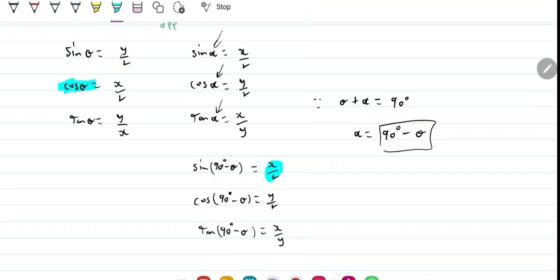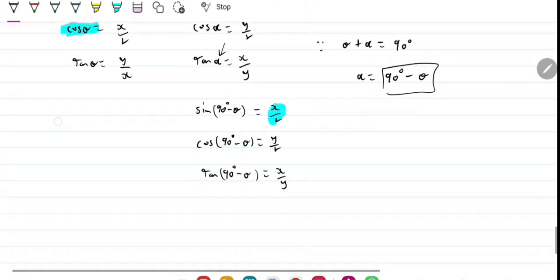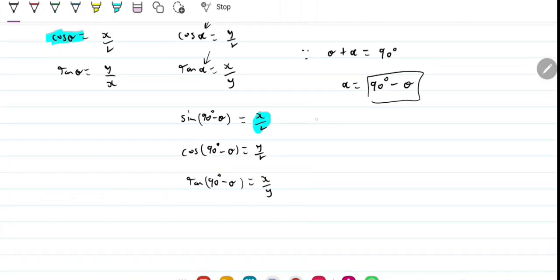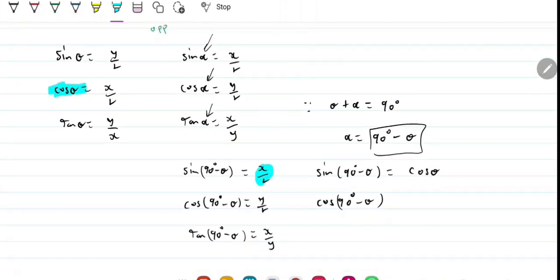Was cos theta. So it means that sine of 90 minus theta is equal to cos theta, right? And the cos of 90 minus theta was what? Y over r. And y over r was sine theta, right? So that's equal to sine theta.